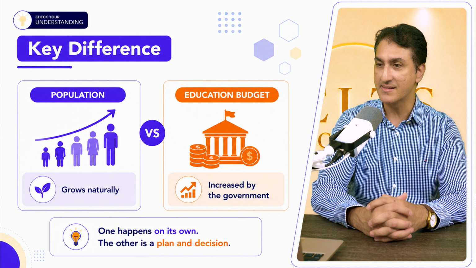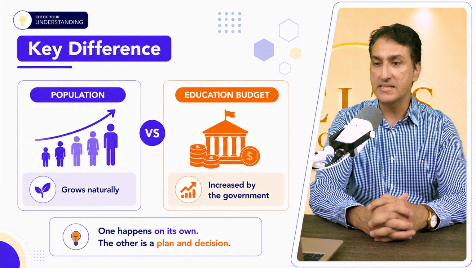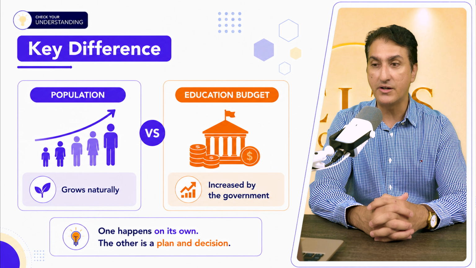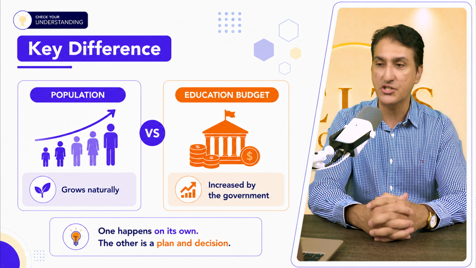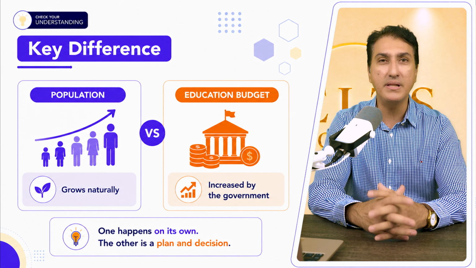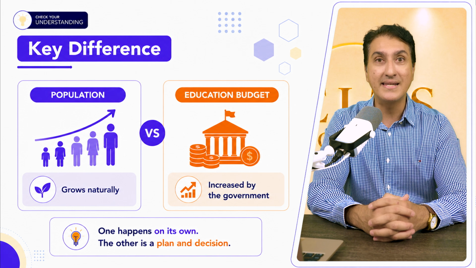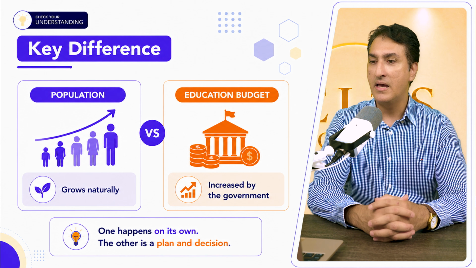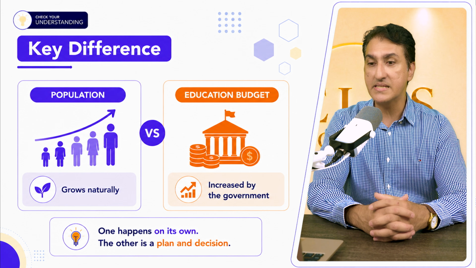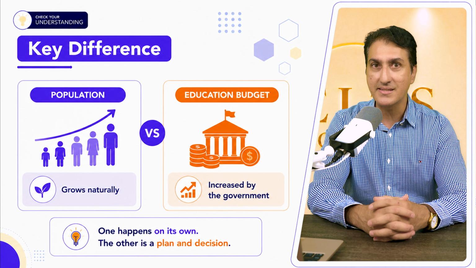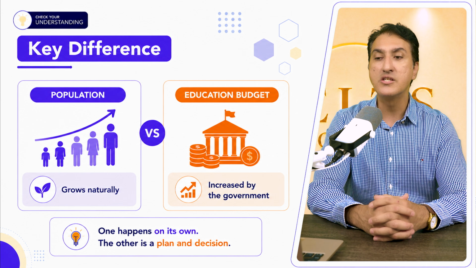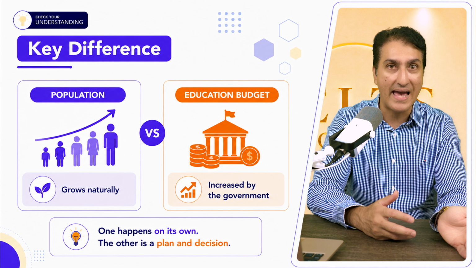In the first sentence, the population is expected to increase. Here, nobody performs the action. The population simply changes by itself. Now, look at the second sentence. Education spending is expected to be increased. This time, someone performs the action.